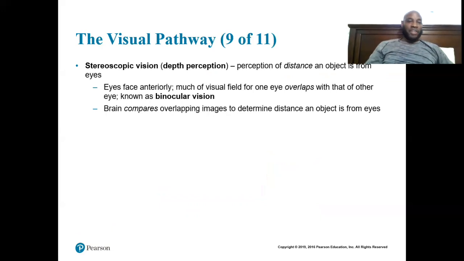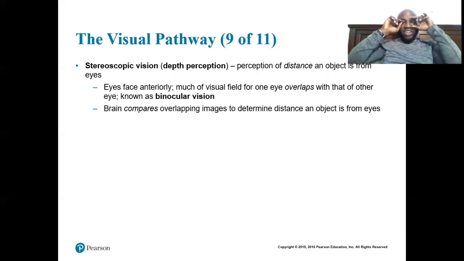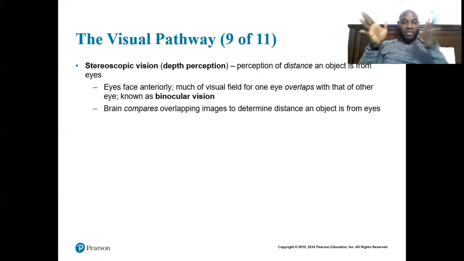We also have stereoscopic vision, the perception of the distance an object is from the eyes. This is very important, obviously, if you're driving a car. So your eyes face the interior, generally pointing towards the front. Much of the visual field for one eye overlaps with that of the other, right? Known as binocular vision.